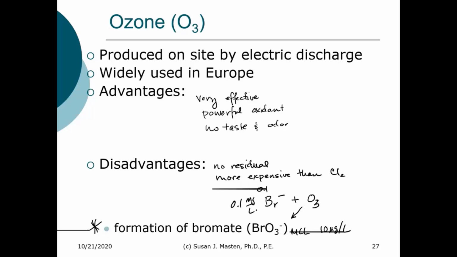So if the concentration of bromide in water exceeds 0.1 milligrams per liter, then you want to think about the formation of bromate and either look at mitigation strategies, which are looking at, for instance, changing the pH to change the reaction chemistry in order to reduce the formation of bromate.